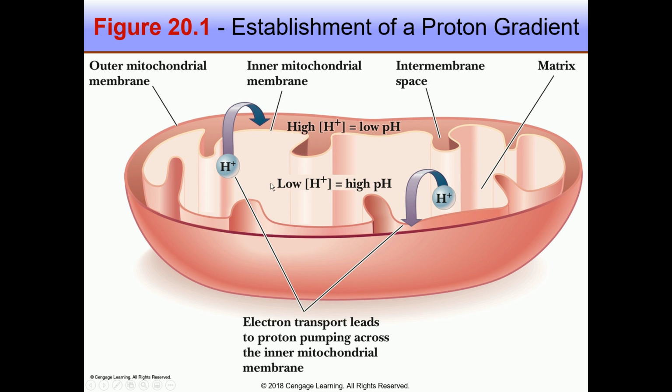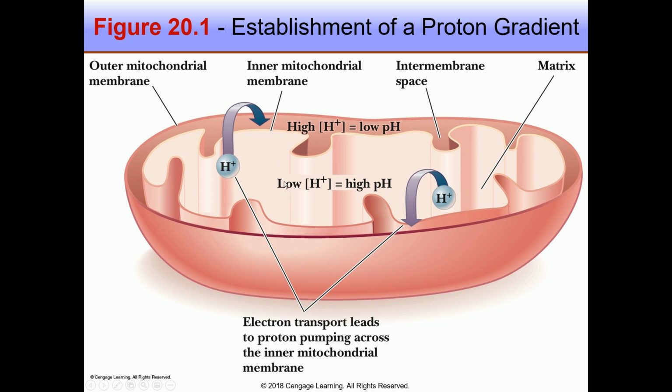That is the same thing which is happening here: this region has low concentration of protons, and this region has high concentration of protons. So when these high energy electrons flow through these proteins, the energy associated with these electrons is used to pump these protons from this region to this region.